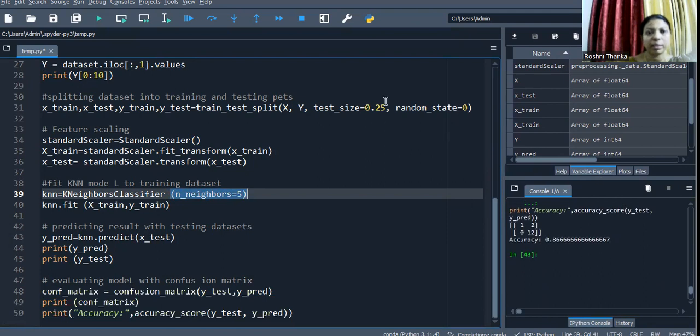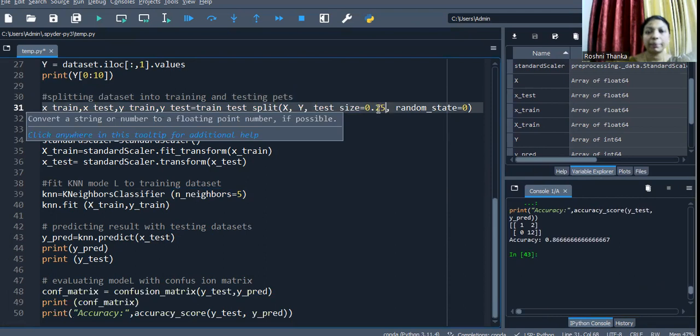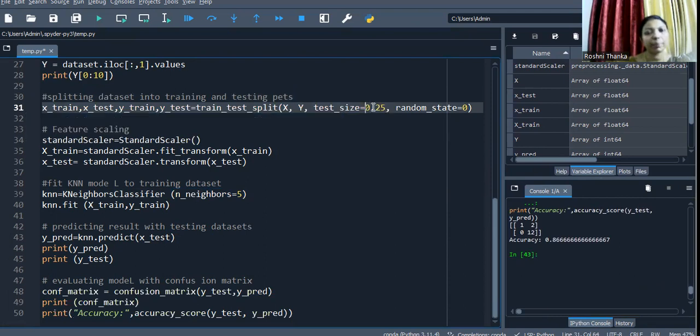Also you can change this: take 20% of data for testing and 80% for training, or 60% data for training and 40% for testing. With different training and testing data and different k values, you can check the possible accuracies and choose the best one.